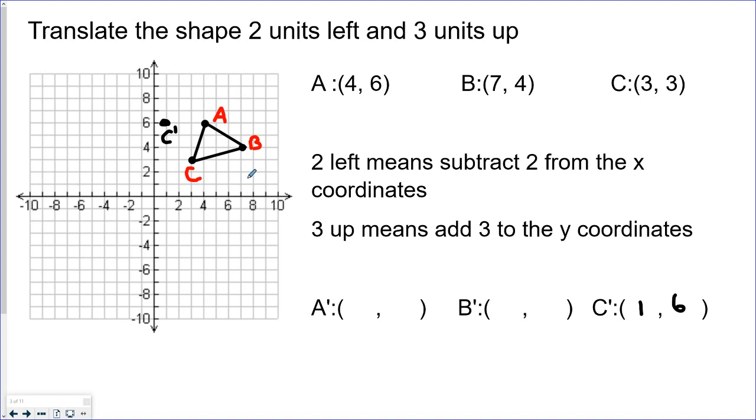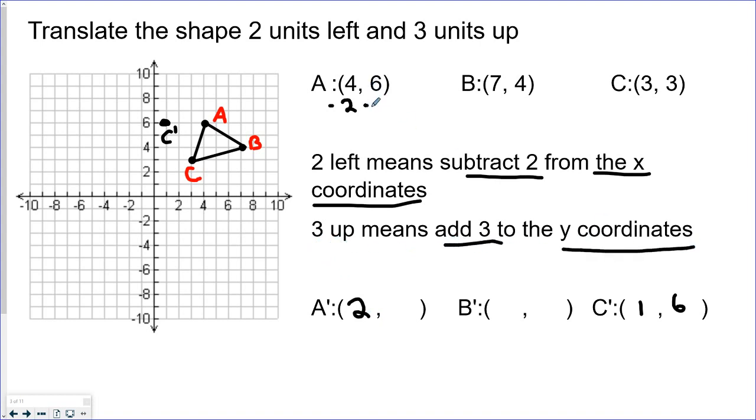Now, instead of moving each point individually, if I didn't have a graph or if it didn't fit on the graph, I could do it algebraically, doing what we said before. 2 units left means subtract 2 from the x coordinates. So point A here, 2 left means subtract 2 from the x, so my new point is 2. And 3 up means add 3 to the y.